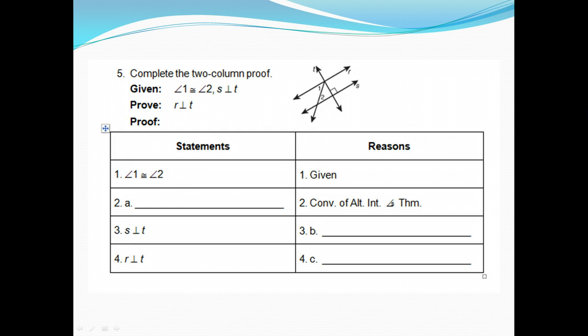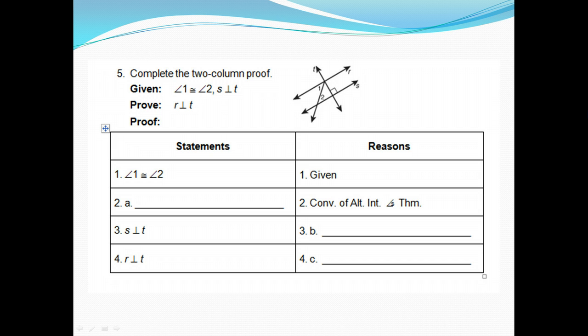Let's try another proof. We are given angle 1 is congruent to angle 2, and line S is perpendicular to line T. And we want to prove that R is also perpendicular to T. So the first line says that angle 1 is congruent to angle 2, and that's given.